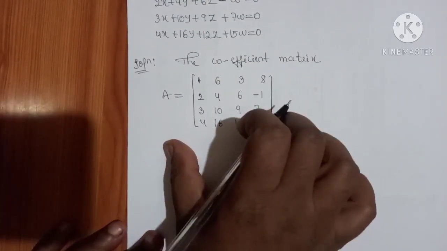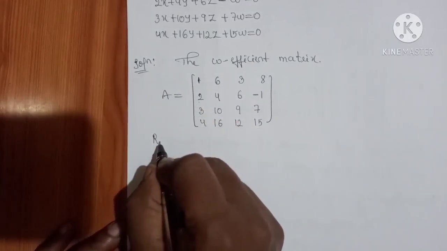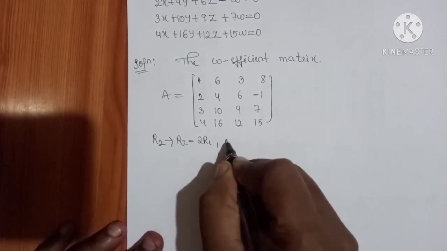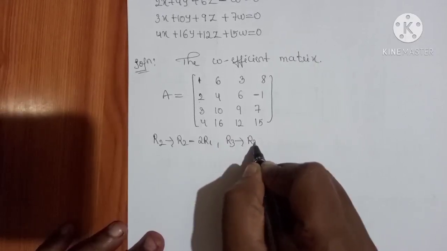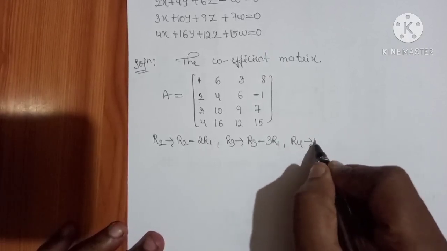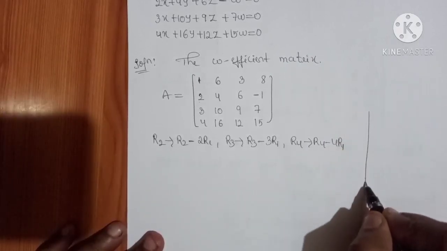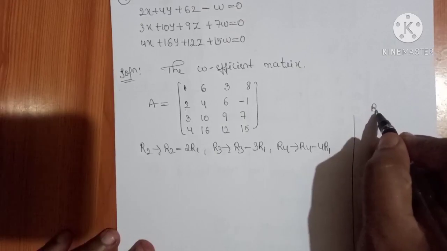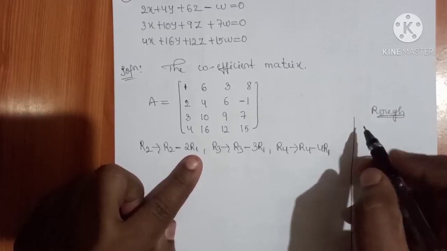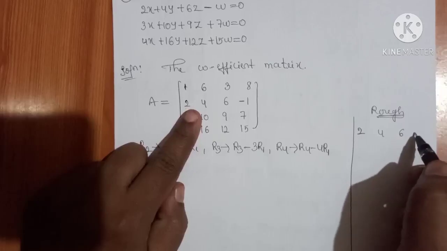First we transform into echelon form. For that we write the operations here. R2 equals R2 minus 2 into R1, R3 equals R3 minus 3 into R1, and R4 equals R4 minus 4 into R1. Here we use this space for rough work. First R2 minus 2 into R1. R2 elements are 2, 4, 6, minus 1.